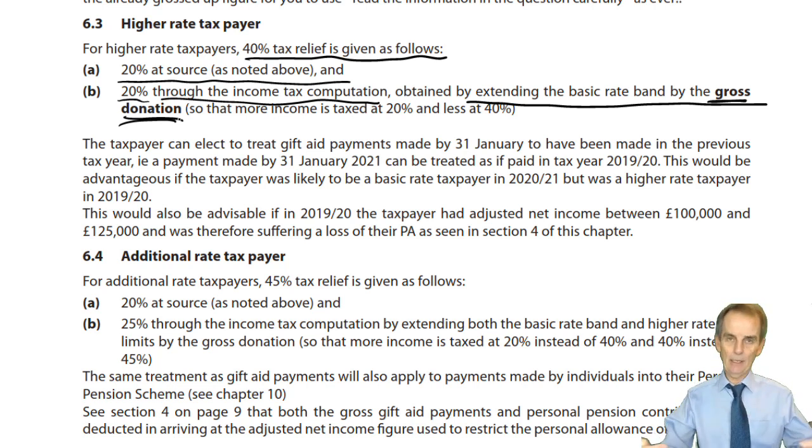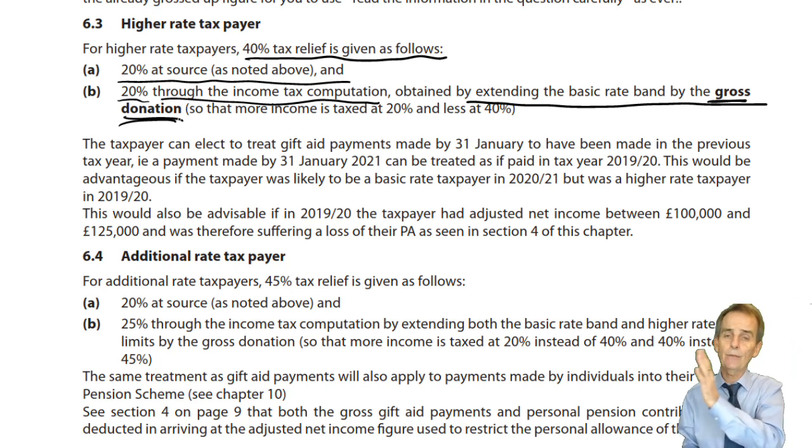You will extend that basic rate band limit from 37,500, the usual set figure as per the rates and allowances, by the gross payment. That was 5,000. Add 5 to 37,500, you've got, I think, 42,500. And then you proceed to use your tax bands and tax rates as you have ever done.